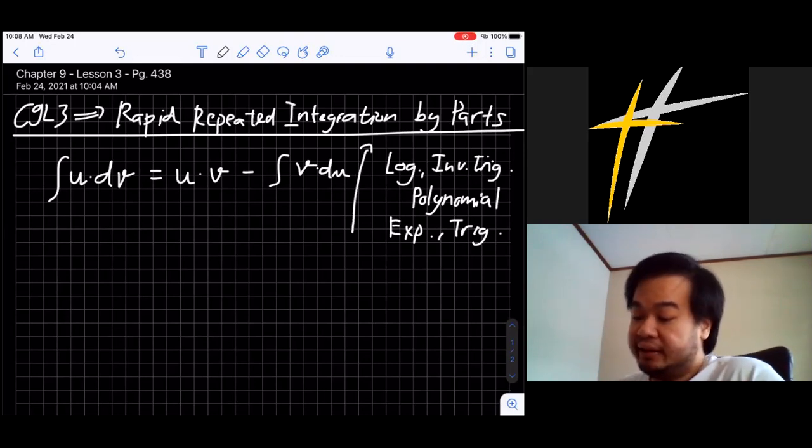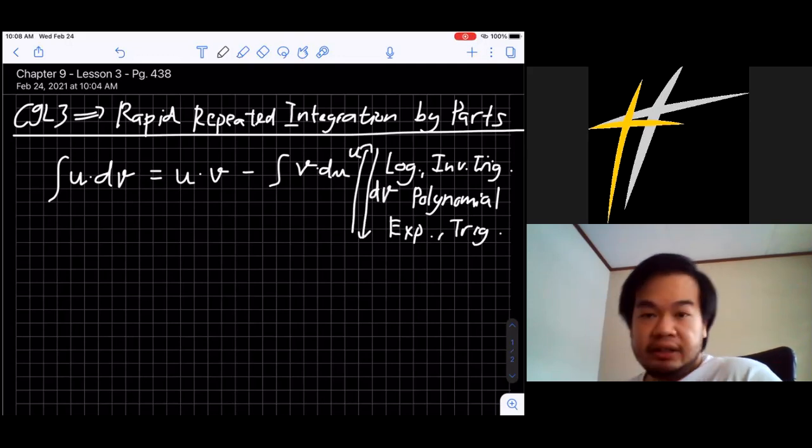The higher it is, the more it becomes u. The lower it is, the more it becomes dv.